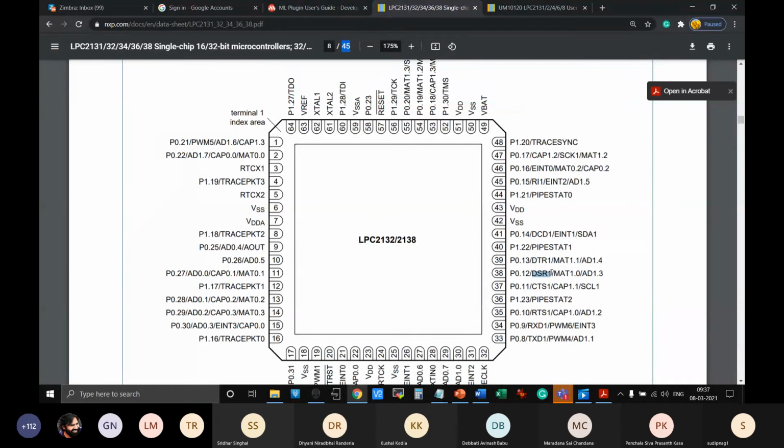These lines are all supporting lines to RxD and TxD of the UART. The full-fledged communication with handshaking includes RTS, CTS, DSR, DTR, DCD, and RI: ring indicator, data carrier detect, data terminal ready, data set ready, clear to send, request to send. You can just listen to these names for now. You don't have to remember them. If you practice, you'll automatically start remembering them.